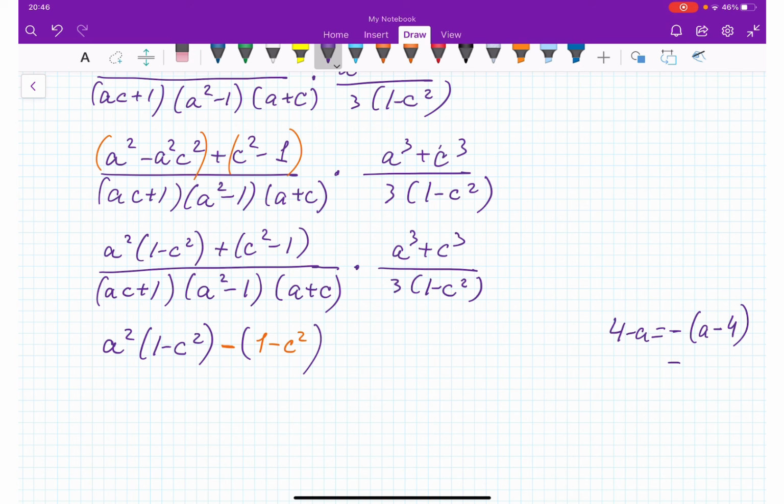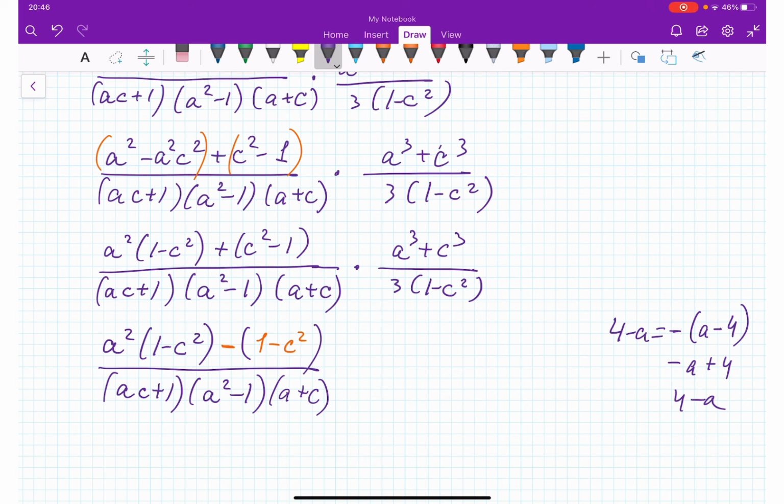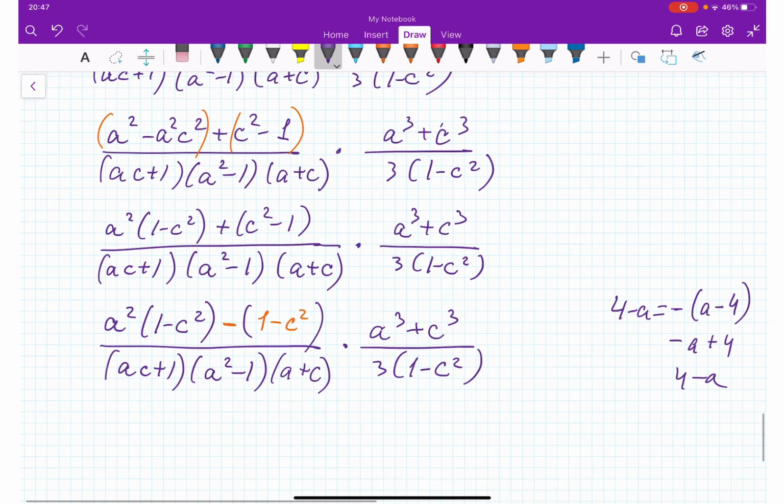Why? Because if I open parentheses, negative a plus 4 is going back to what I had, right? Okay, dividing by ac plus 1, a squared minus 1, and a plus c times a cubed plus c cubed, and 3 times 1 minus c squared.